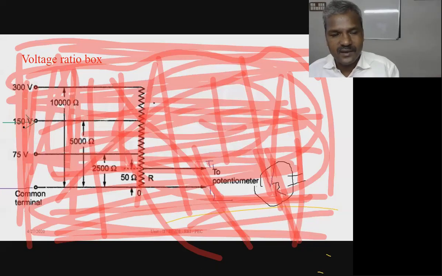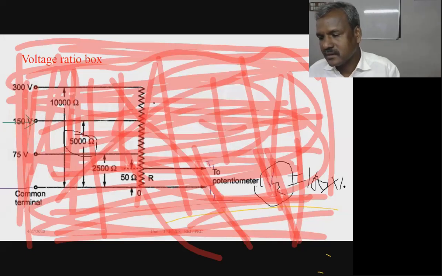This portion is 150, whose ohm is 5,000. So 5,000 divided by 50 is 100. So the K value is 100 times 1.85.